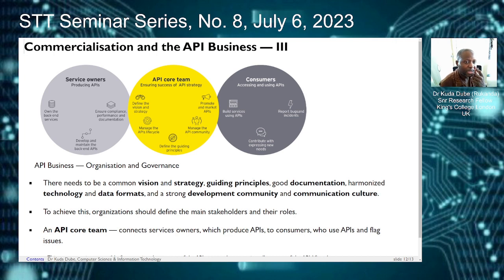So then the service owners are the producers. They own the backend services. They develop and maintain the backend APIs, and also they ensure compliance and performance, and also document. I could consider service owners within the National Language Institute to be the language technology unit, and then the various departments, the source of the data, the people who create content within the National Language Institute.